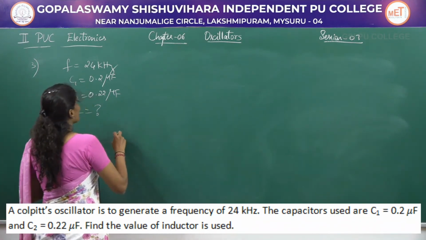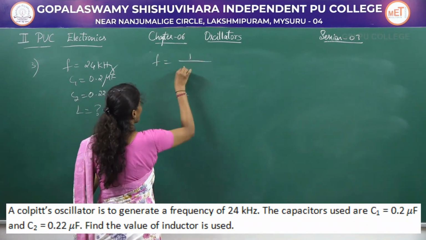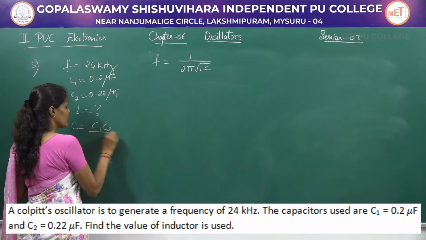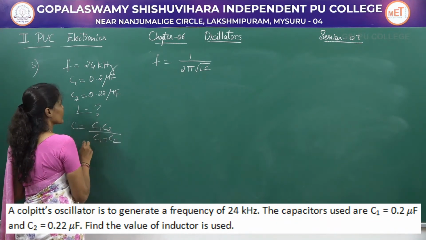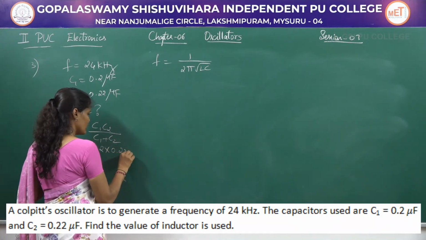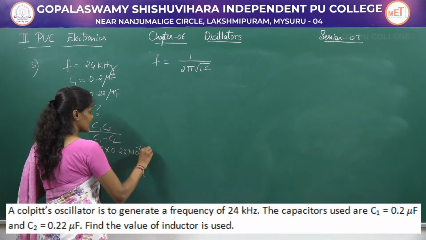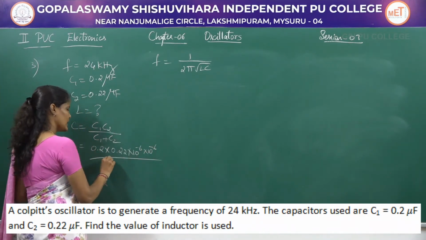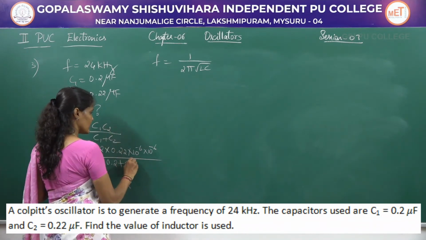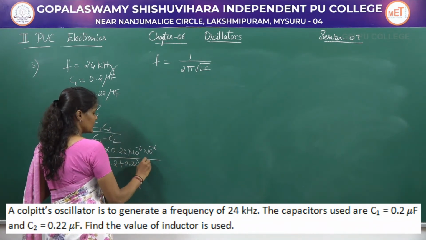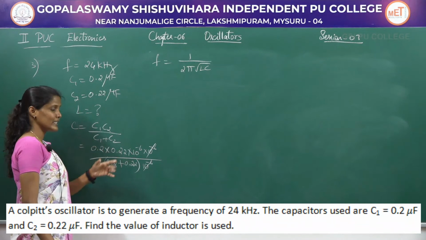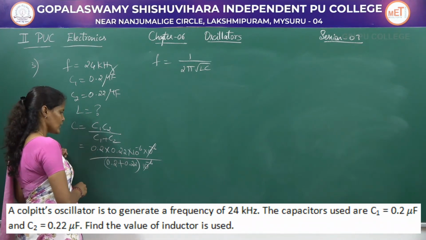So the frequency is equal to 1 divided by 2 pi root LC, where C is equal to C1 C2 divided by C1 plus C2, where C1 value is 0.2, C2 value is 0.22, into 10 to the power of minus 6 into 10 to the power of minus 6, divided by C1 value 0.2 plus C2 value 0.22, and into 10 to the power of minus 6 is taken as common. 10 to the power of minus 6 gets cancelled.